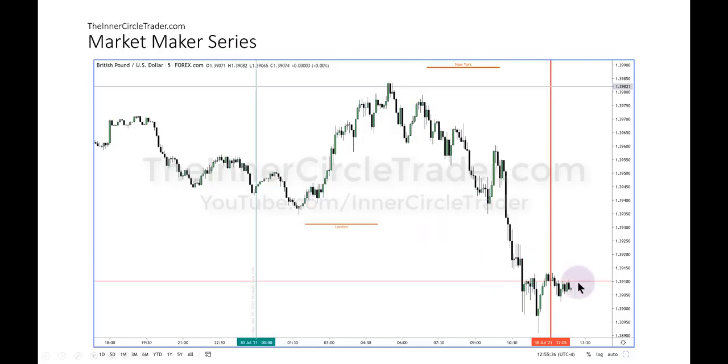to consolidate. So all in all, we've watched how the algorithm will seek liquidity, take that liquidity. Once that liquidity has been taken, it will look for opposing liquidity. We saw how the daily chart on pound dollar traded lower to take out its relative equal lows, and below that were sell stops.